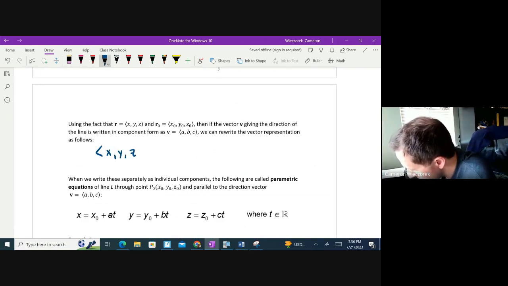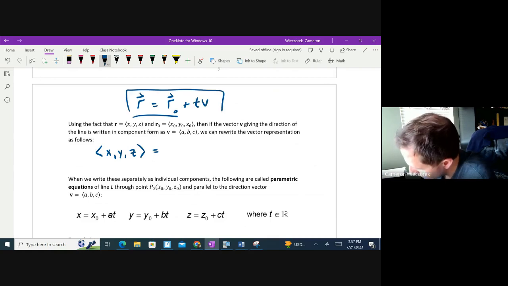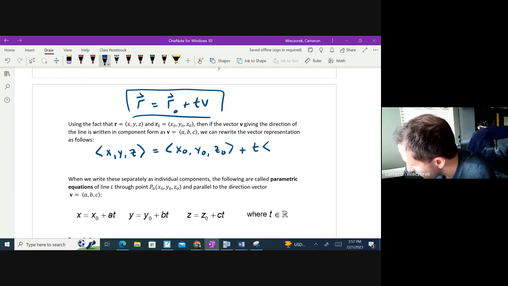X, y, z, that's vector r. If you remember what we wrote on the last page, we said r was equal to r naught plus tv. So we're just going to make some substitutions now. R is x, y, z. R naught is x naught, y naught, z naught, plus t times v, where v is given by a, b, c.